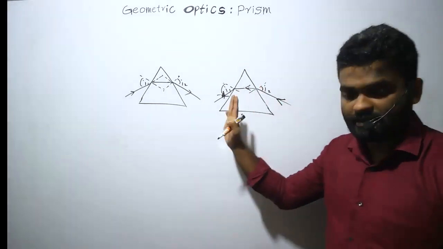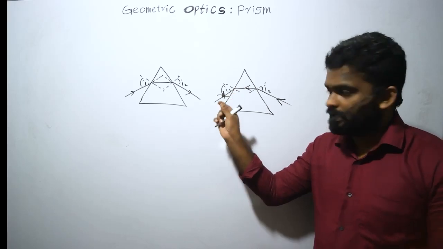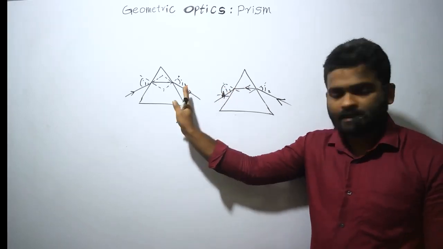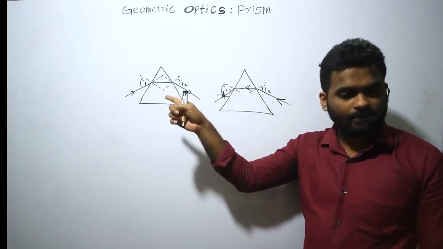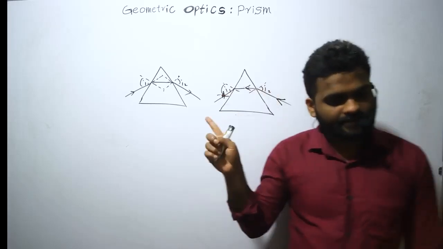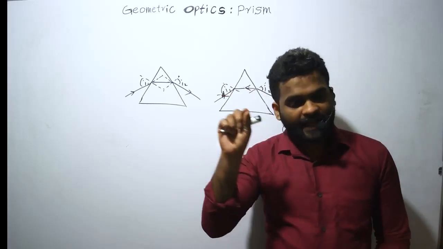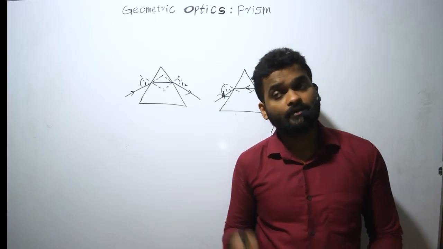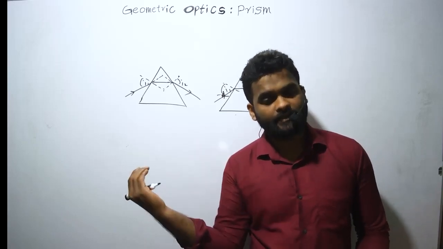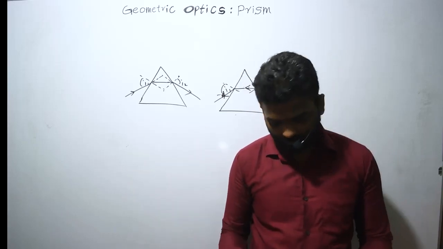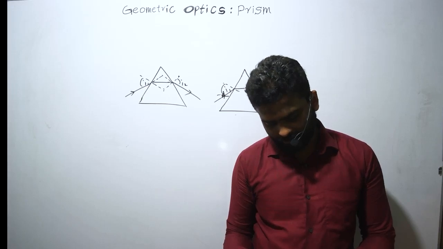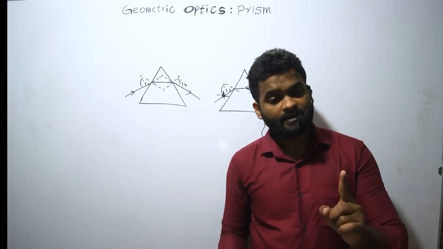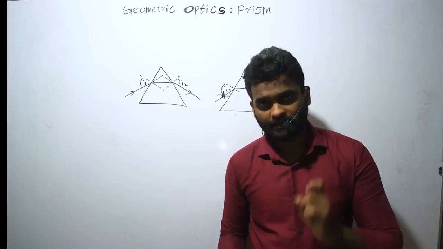This is reversibility. This is very important. We can explain this using the previous example. For the previous example, the incident angle was 30 degrees. Then we found the emergent angle. What was the emergent angle? That is I2, 77 degrees 4 minutes.